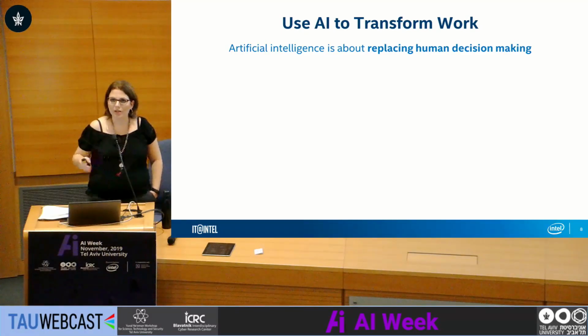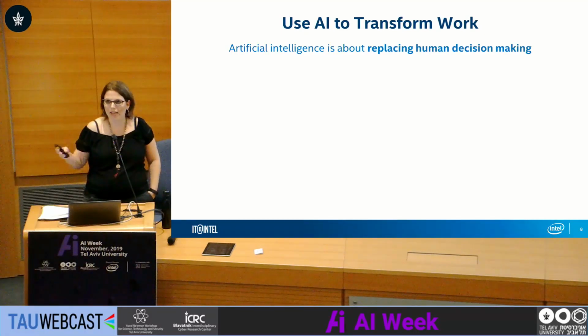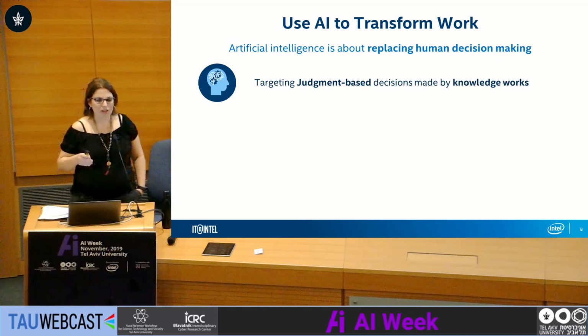So a few words about what it means to transform work with AI. What we're very much focused on is not trivial decisions, ones that could have been automated by robots even centuries ago. We're targeting judgment-based cases where humans are making intricate decisions, and we're trying to automate these cases. These are decisions that are made by the knowledge workers, in many cases the smartest and brightest brains that a company has.